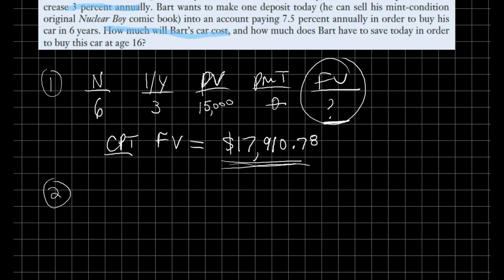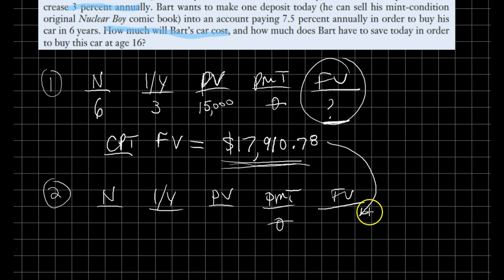Okay, so now the second step, again we are using the same keys, I/Y, PV, the present value, payment, if it's a series of payments, which it's not, so therefore this will be 0 automatically. Now this number that we just got is our future value, right? That's how much we want to accumulate in 6 years.